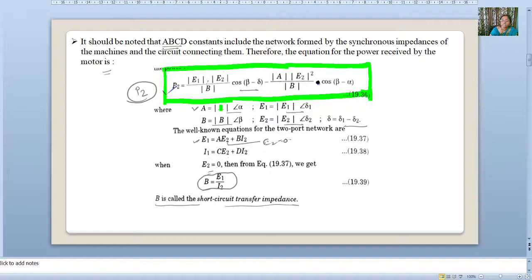This formula you have to use for solving the problems. The receiving end power P2 is E1 into E2 by B into cos of beta minus del, minus A E2 square upon B into cos of beta minus alpha.